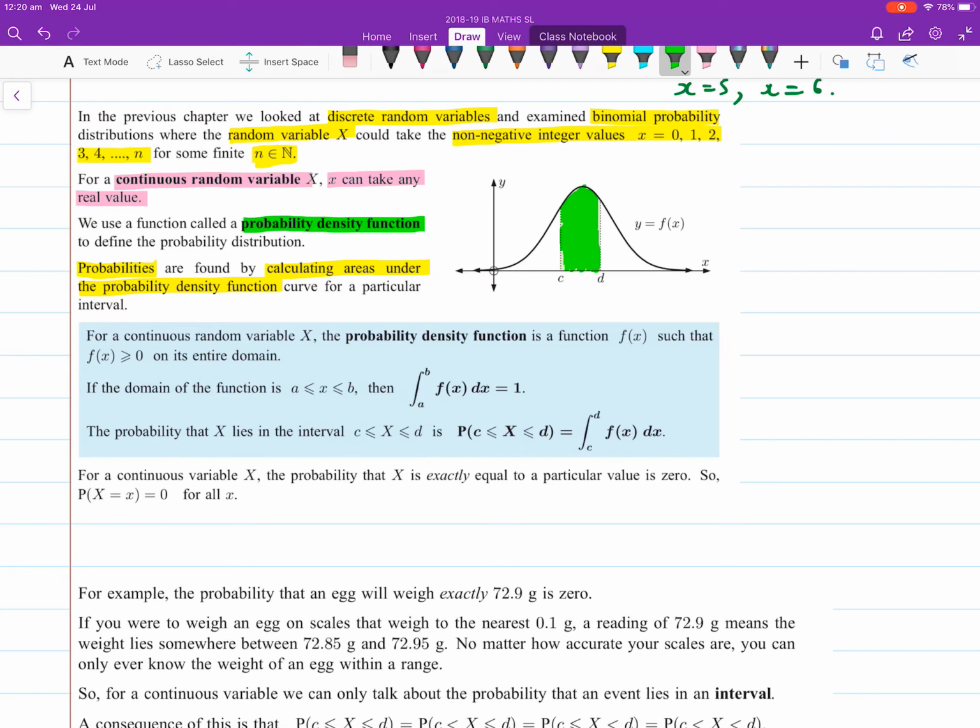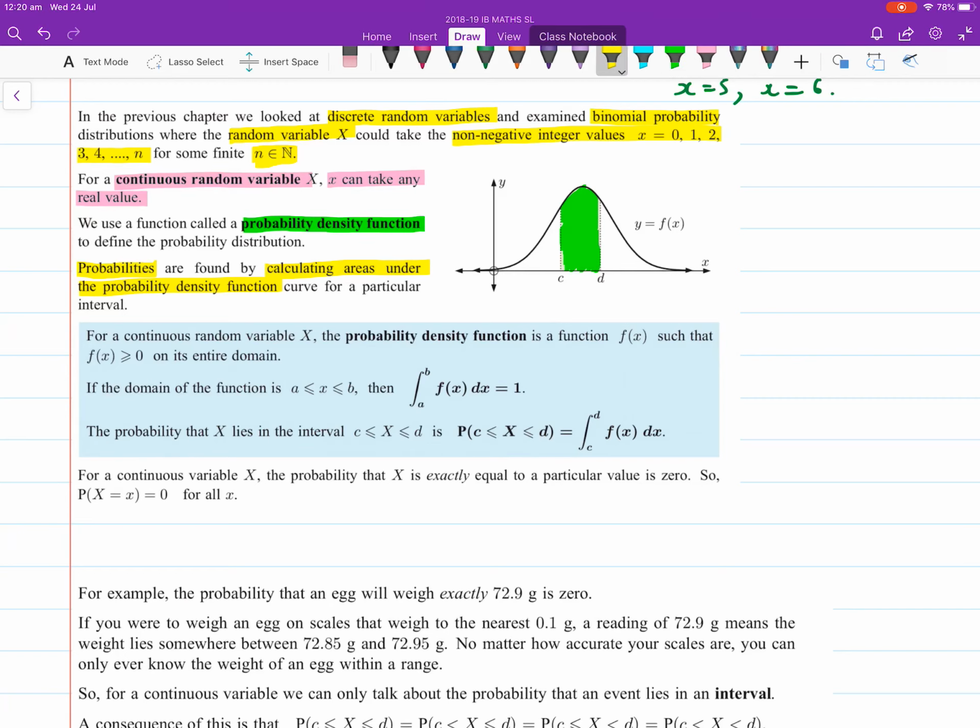Now, with your probability density function, I'm going to introduce some different notation here, but you're actually already familiar with it. We know that to find the area under the curve, we can integrate, right?